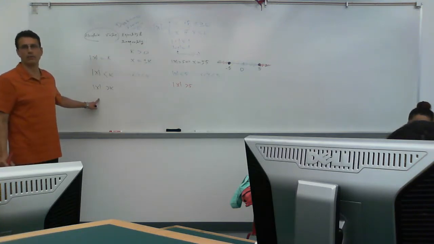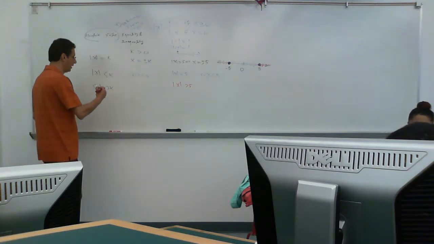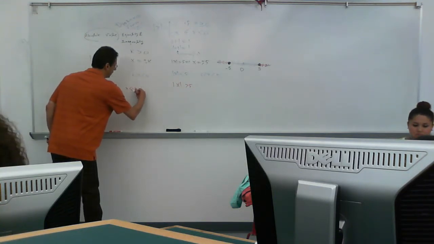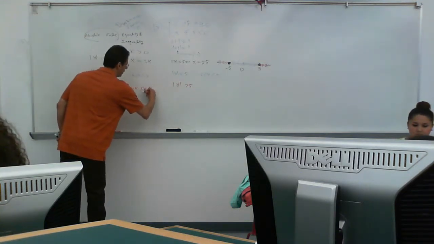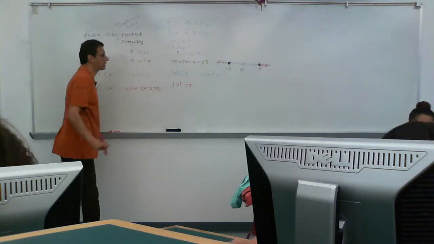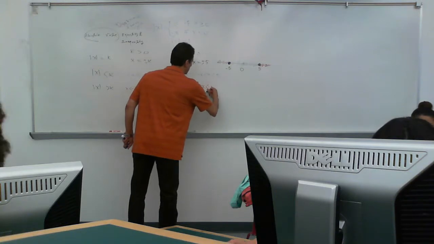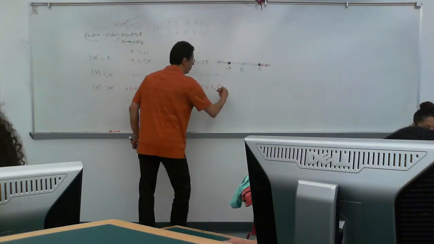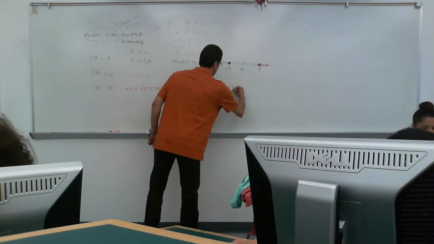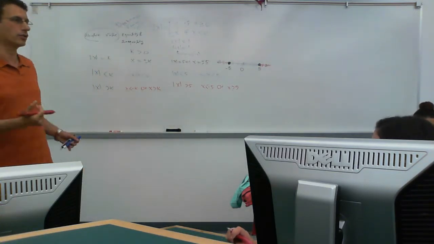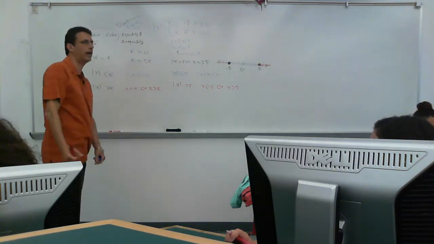In general, absolute value of x is larger than k means x is less than minus k, or x is larger than positive k, which gives us x less than negative 5, or x is larger than positive 5. And as far as you're concerned, you have to remember the three cases.